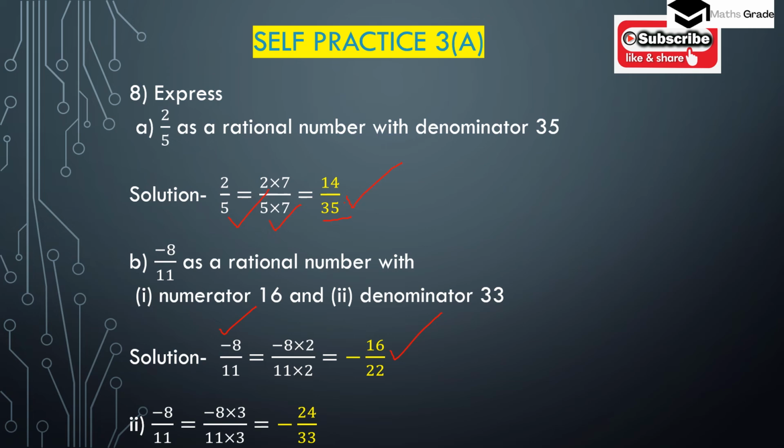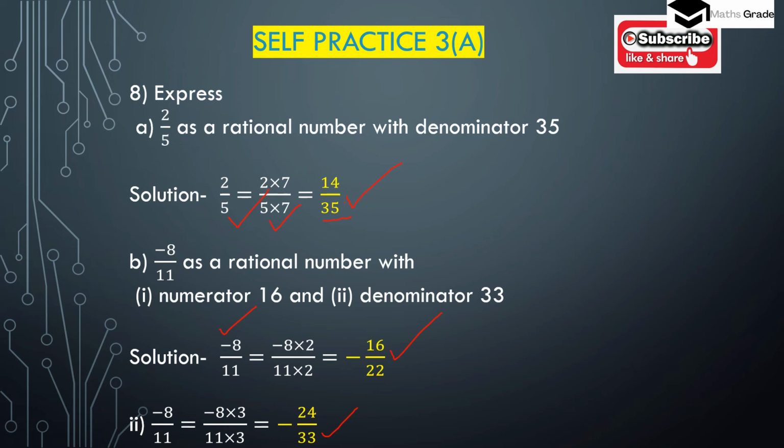Now second bit, find a rational number whose denominator is 33. We know the denominator 11 multiplied with 3, we get 33. So multiply the number 3 with numerator minus 8 also.